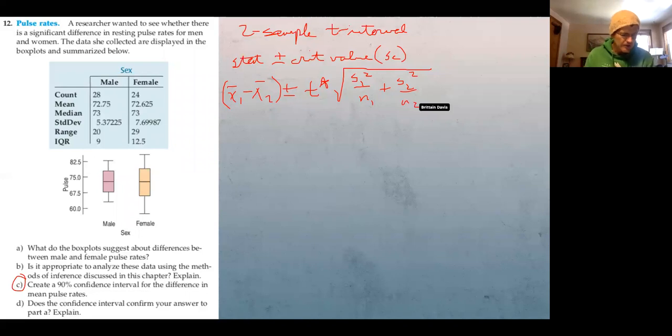And these numbers are all found over here. This is going to be 1. That's going to be 2. So we can plug that in. The mean difference, I'm just going to subtract right here, 1 minus 2. So that's going to give me that right there.